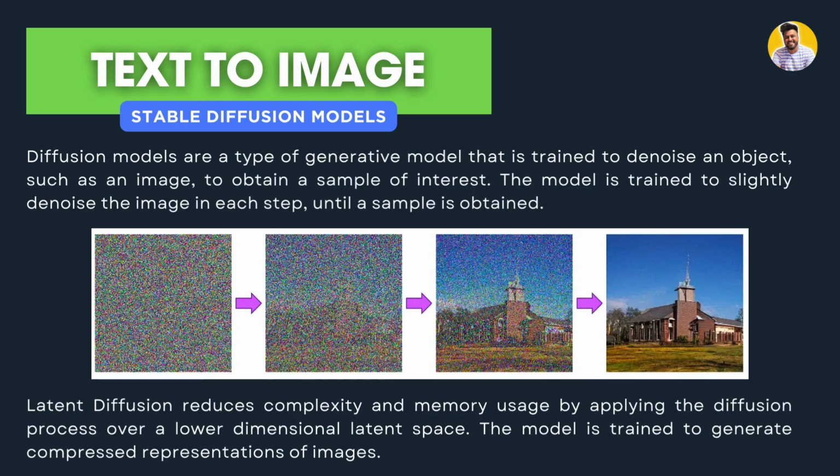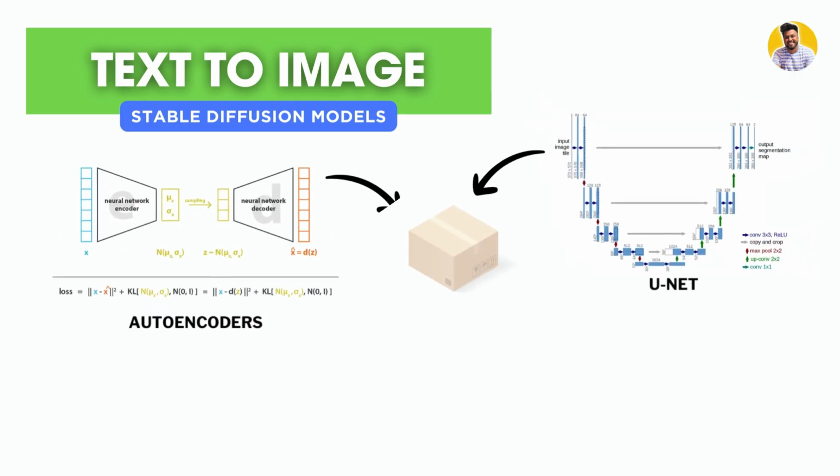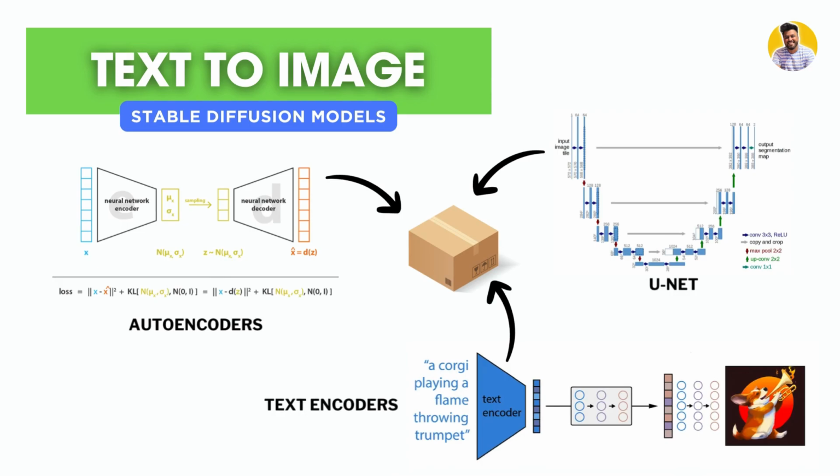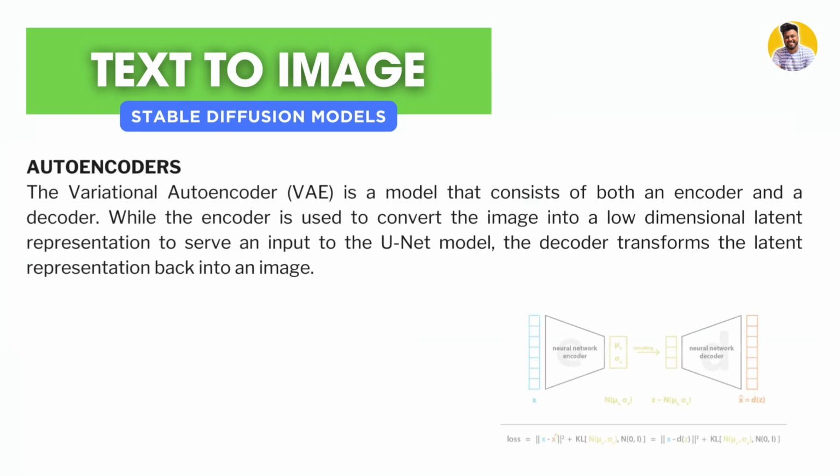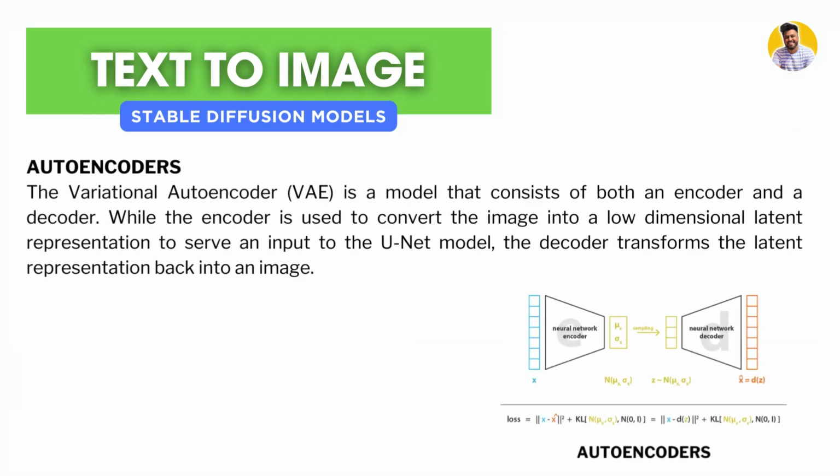Okay, so this whole stable diffusion is composed of three components. The very first component is the AutoEncoder, also called the variational AutoEncoder, and then we have the UNet, and then we have the text encoder. Let's first talk about the AutoEncoders. The variational AutoEncoder consists of both an encoder and a decoder.